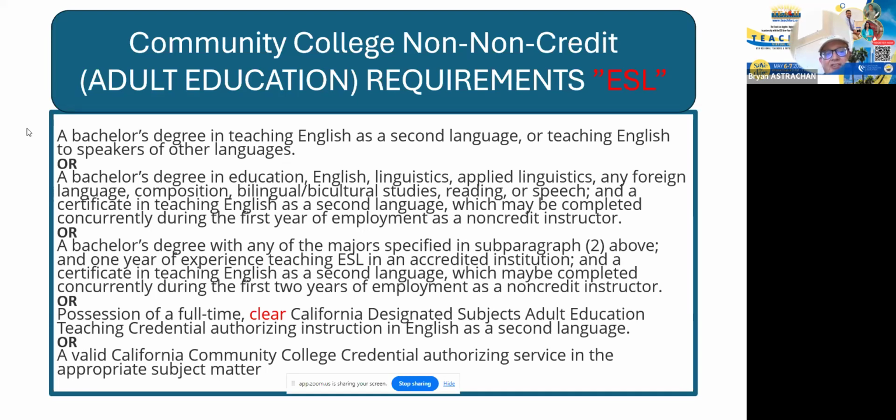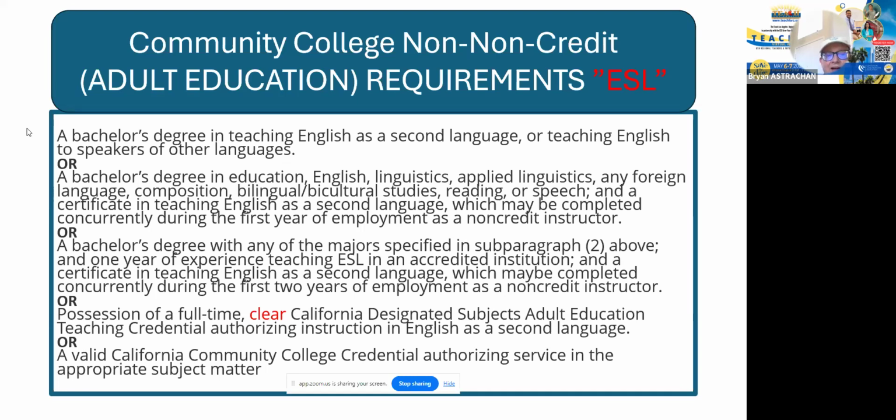It says possession of a full-time clear California designated subjects adult education teaching credential authorizing instruction in English as a second language. So people ask all the time, well, I thought that credentials weren't required at the community college. They're not required.